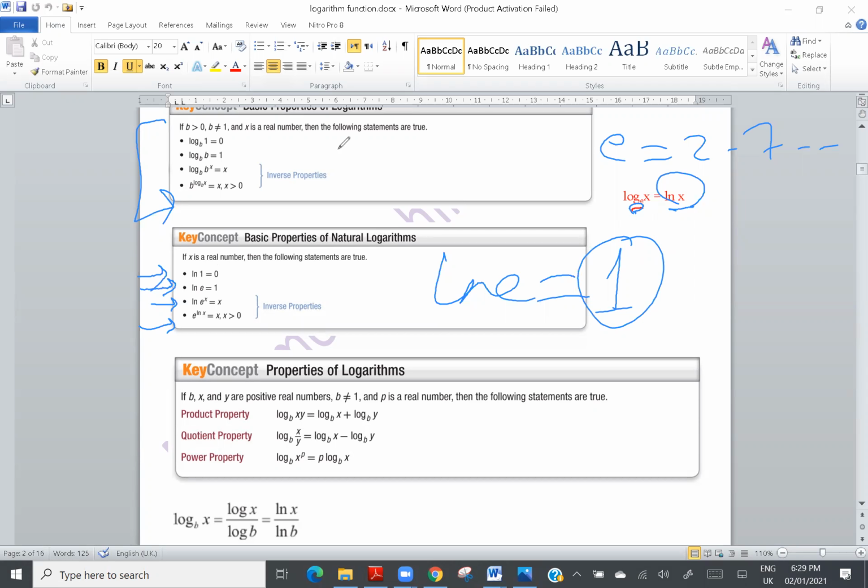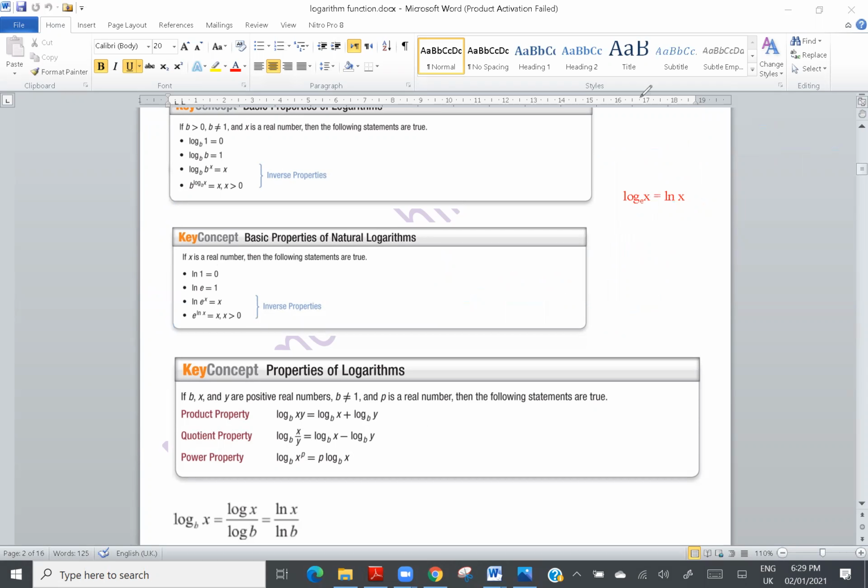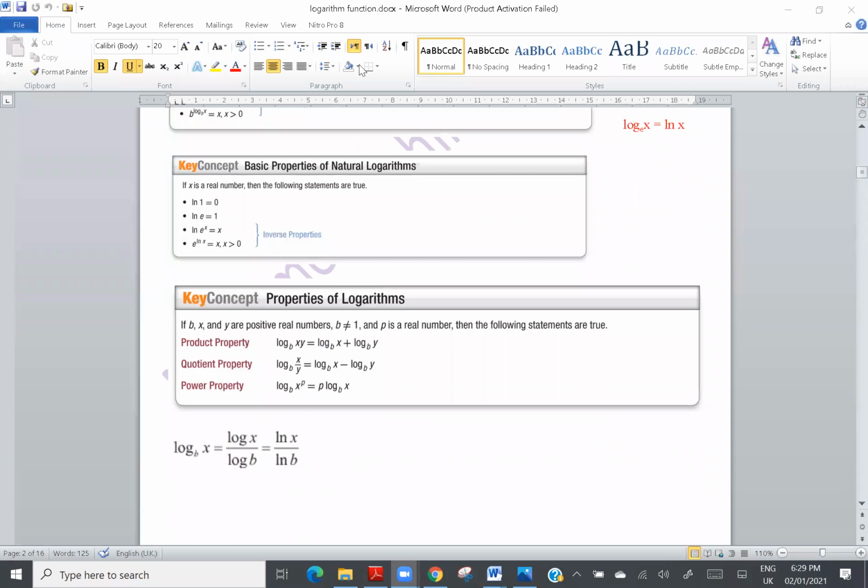What else? Also, you have to know the properties of logarithm. Remember the rules of exponents: if you have the same base, 2 power x times 2 power y equals 2 power x plus y.